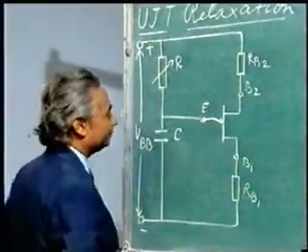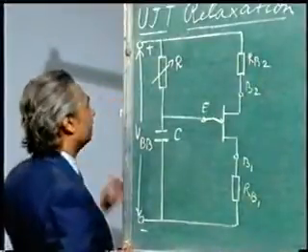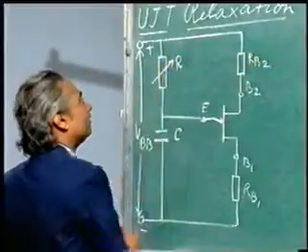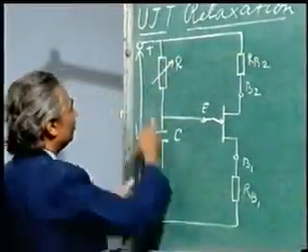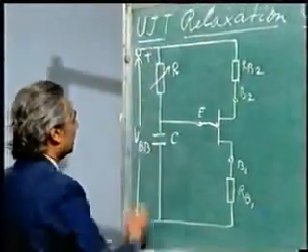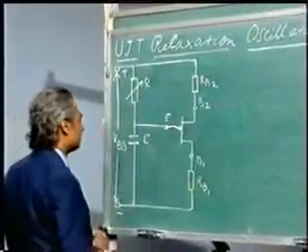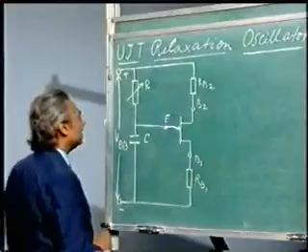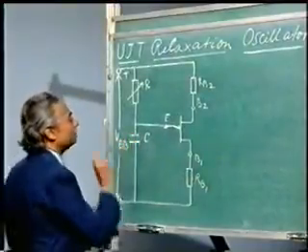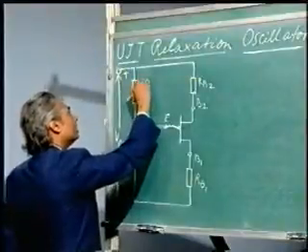Now what will happen? I have a constant voltage here, but I have a variable resistor here, so I can change the value of the resistor, which is nothing but an RC circuit connected across the VBB. What will happen if I change the value of the resistor? The voltage across this capacitor will change. In other words, the rate of charging of the capacitor will change, and that will depend on the value of the resistor.